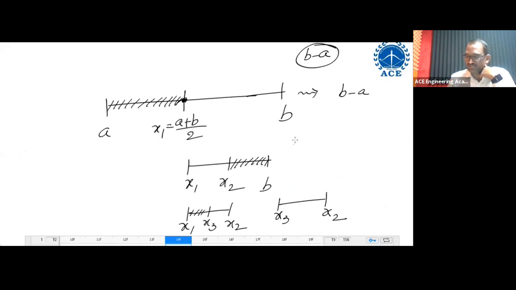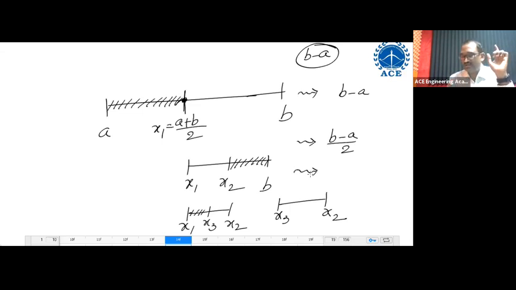Be careful about what I'm saying. x1 is the exact middle point of a and b. The full interval length is b minus a, so the x1 to b length is b minus a by 2. It is half of the interval because x1 is exactly at the midpoint.